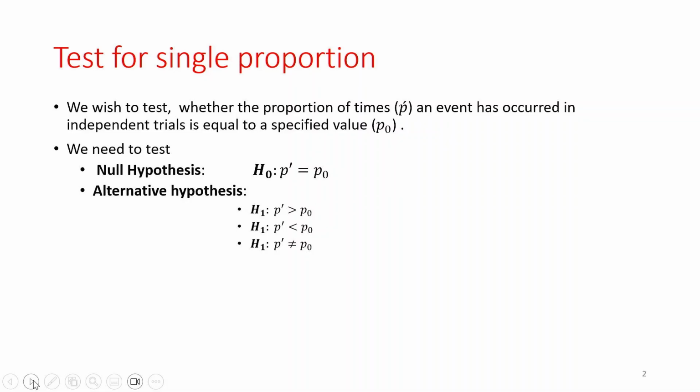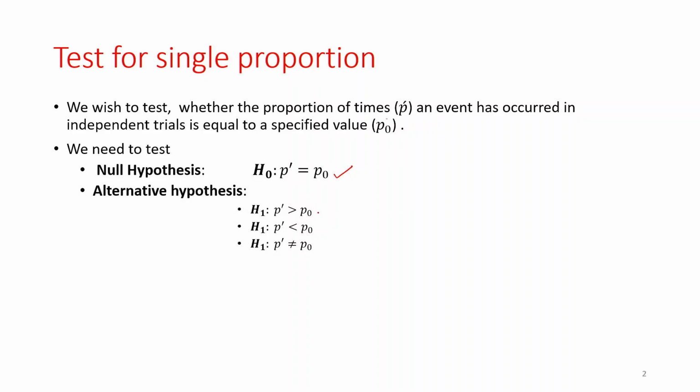In this case it would look like this. P dash is equal to P0. So P0 is the specified value, the standard value, and P dash is the current value. So the null hypothesis says there is no change, or P dash is equal to P0.